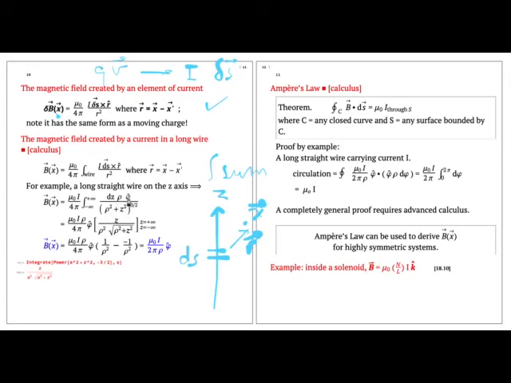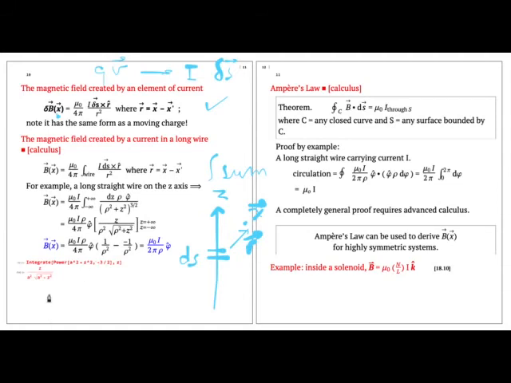And then the direction is phi hat. And you can do that integral using methods of calculus. You have to integrate over the entire wire, so stretching from z equals minus infinity up to z equals plus infinity. Or for a very long wire, you could just approximate it as infinitely long. And this is the answer.